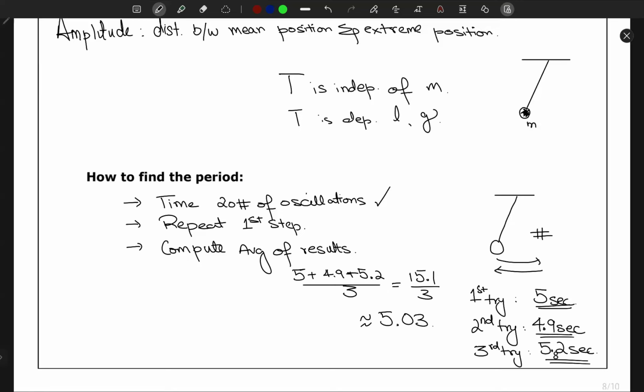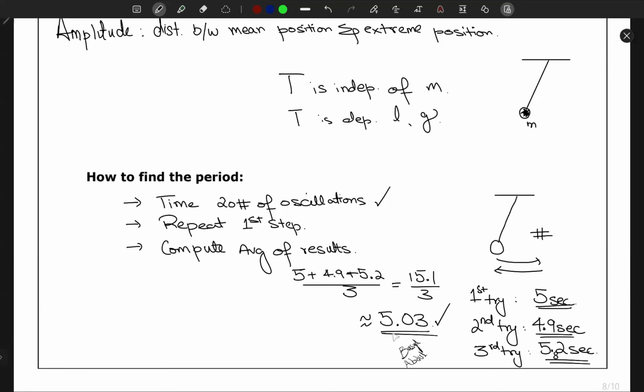So this is the value that you will say, okay, I'll pick this value and I'll use this value. So this is the more correct value that you will choose, right?